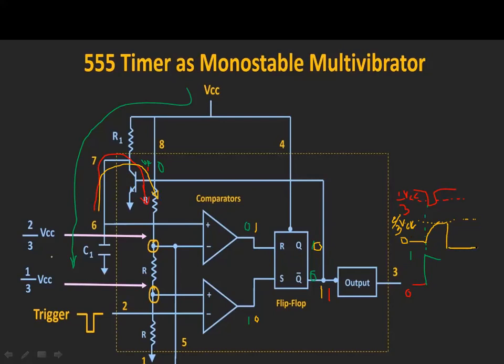So as this is 1, the output is 0. So the output is going to change its state from high level to 0 level. In this way, this is the time period T. This charging time period is going to depend upon R1 and C1.